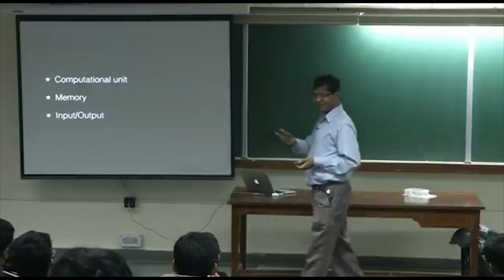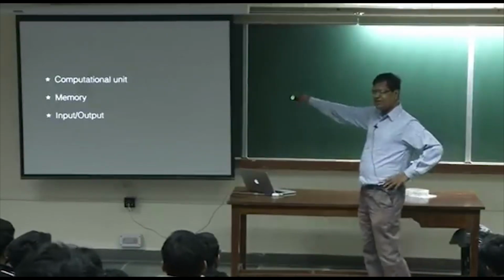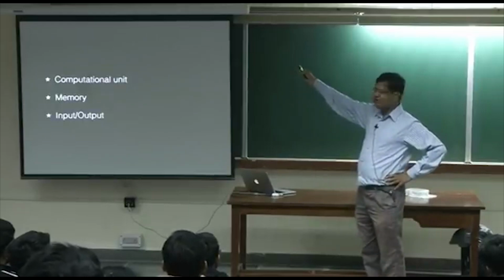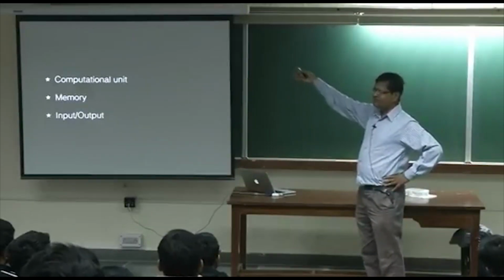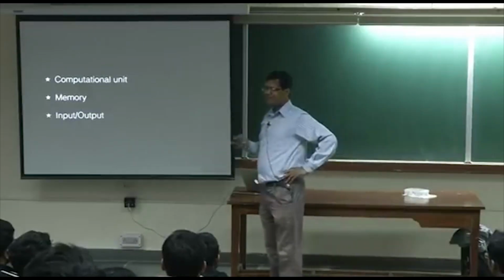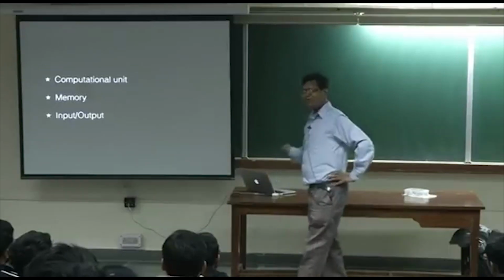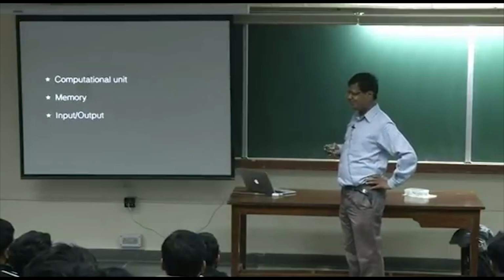It's not clear how we do computation in the brain, but anyway, this is the design of a computer by basically von Neumann. Some people say Turing had similar ideas, but the design of Turing was classified, so we don't know much about it. Well, we know something about it, but von Neumann gets the credit.